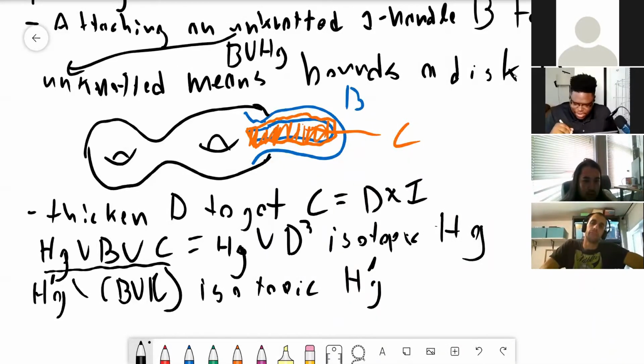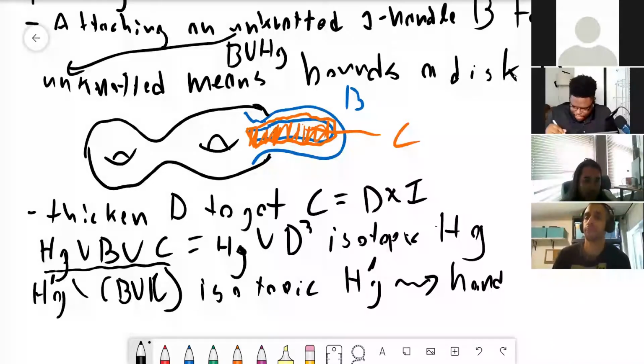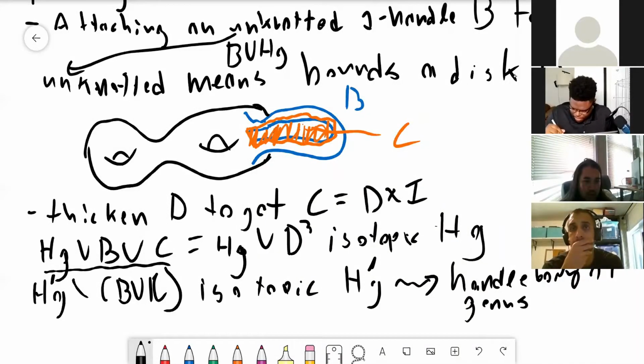And in particular, this means that this is a handle body of genus G. All right. Are we all good so far?